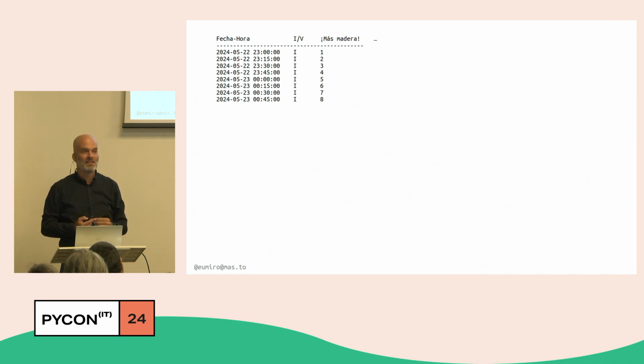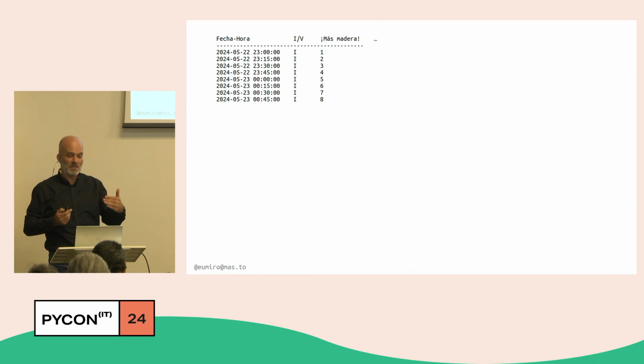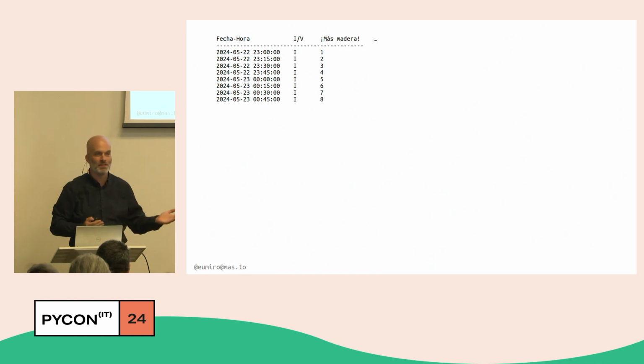What is it? Is it the 15 minutes before midnight, or is it 15 minutes after midnight? Usually in measurements, you measure something, and then at the end of the 15 minutes, you look at the sum and you write it down. So actually, this represents the 15 minutes before midnight. And you shouldn't aggregate it to the next day. You should aggregate it to the day before.